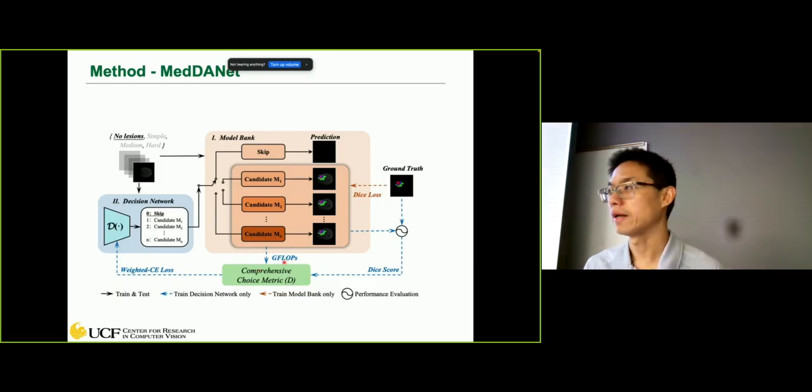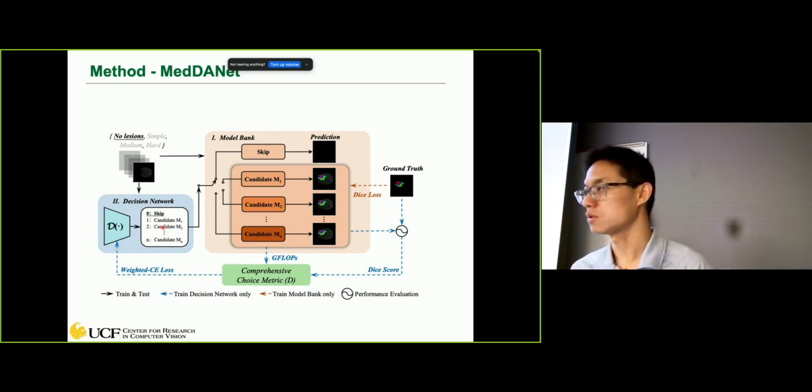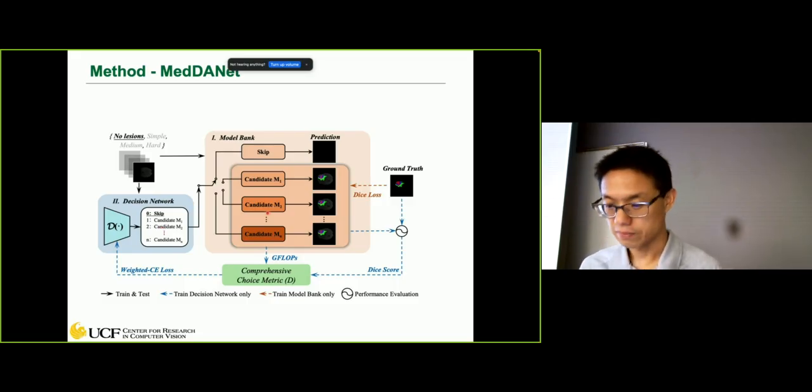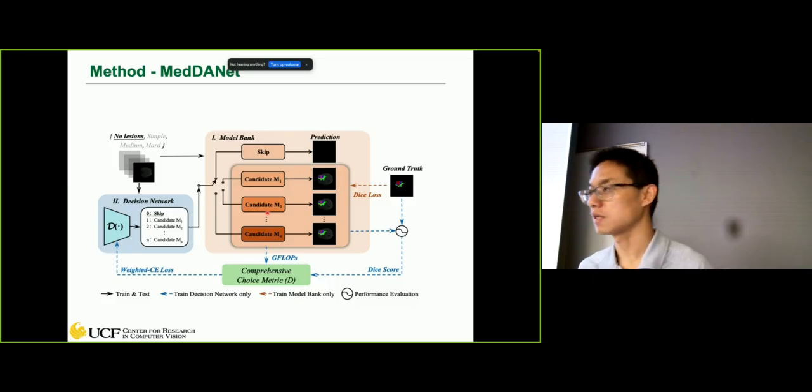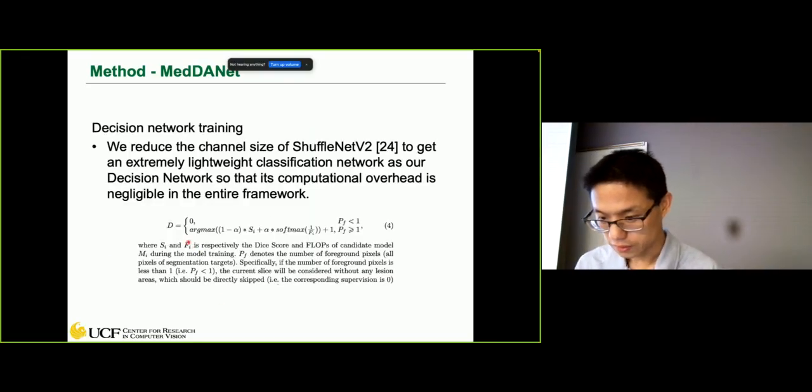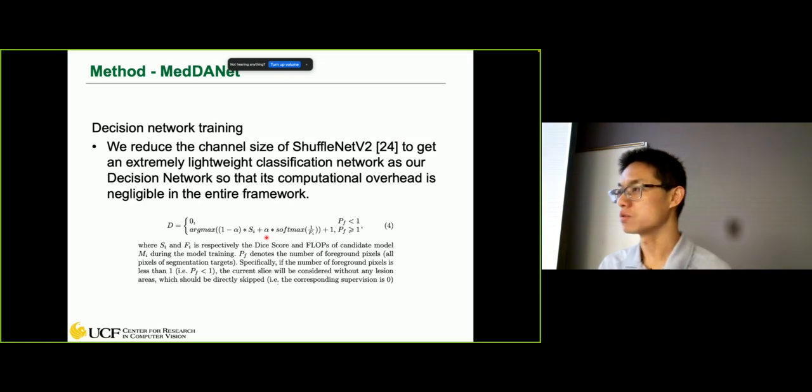These GFLOPs come from how the decision network is making the decision, so they affect how the decision network gradually learns to make reasonable decisions, without suffering a big accuracy drop, while intelligently selecting the best candidate network to achieve the best efficiency. So here are some of the loss functions we use for how the decision network is trained, which is basically what I just mentioned.